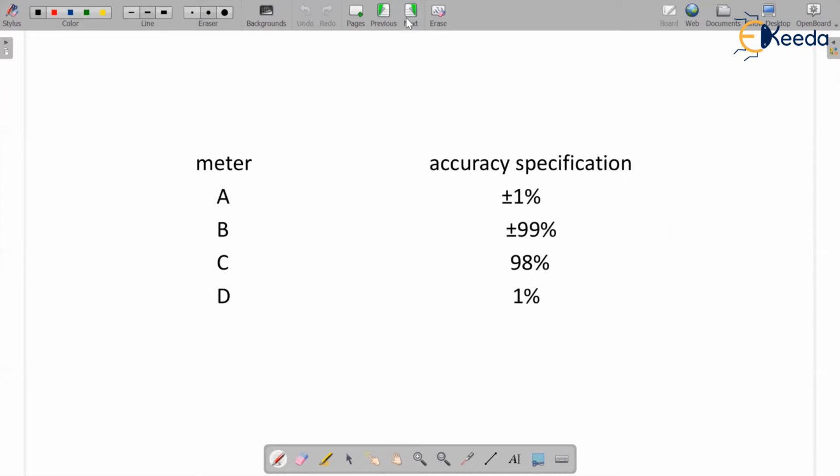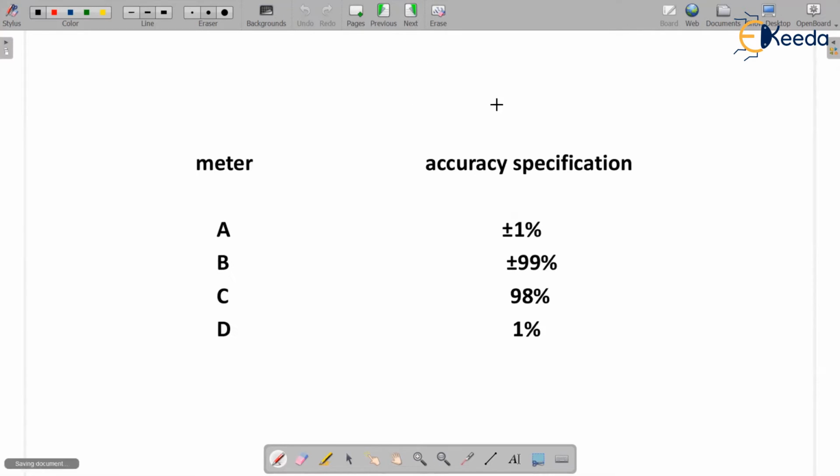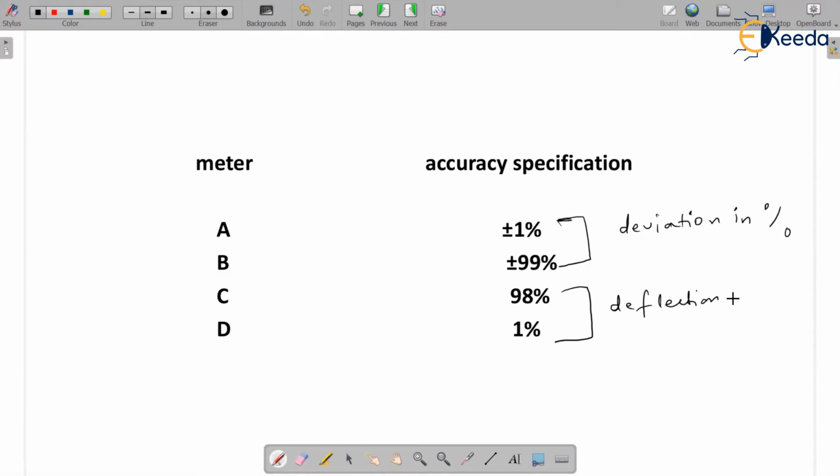The next one is the actual question. How I am framing it, with my points: these two are deviation in percentage, and these two are deflection in percentage.